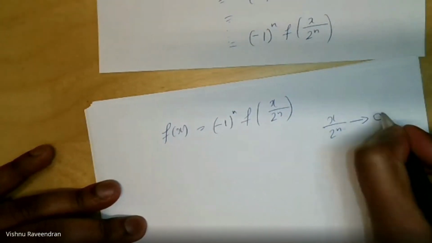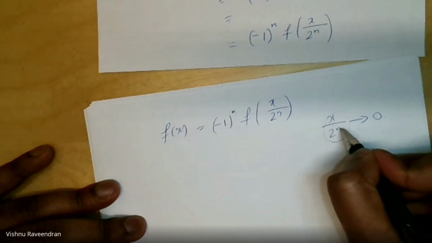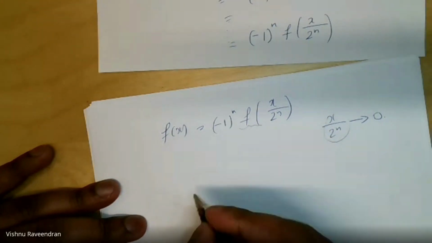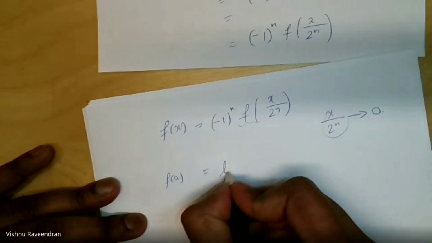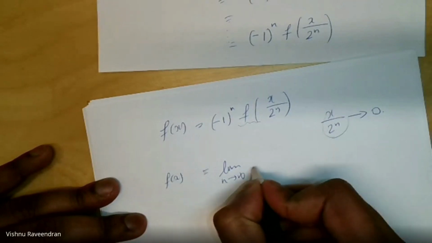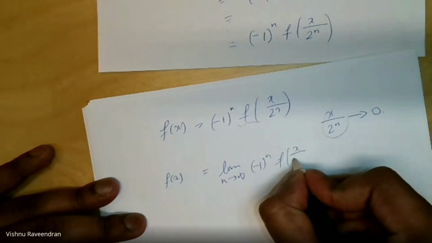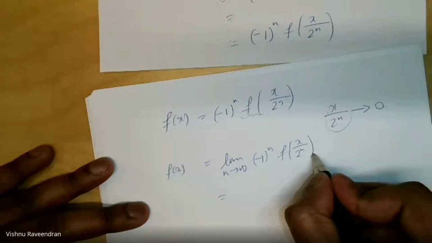This x by 2^n will go to 0 as n goes to infinity. This is a sequence which converges to 0, and f is a continuous function, so we can take the limit here. Limit n tends to infinity of (-1)^n f of x by 2^n goes to 0.